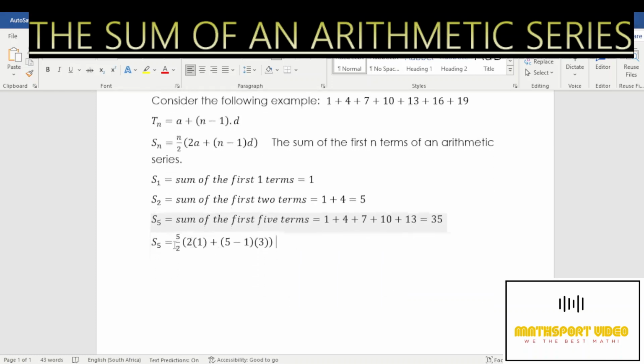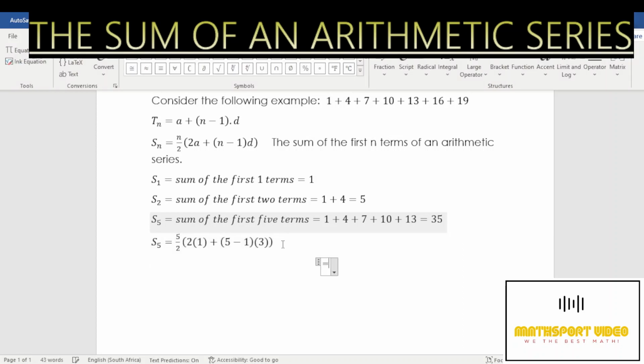Now, you can just go ahead and type this on your calculator and get an answer, but it's always more exciting to try to do this without a calculator. So over here we've got 5 over 2, and then in the brackets we have 2 times 1, so that's 2, plus 5 minus 1, which is 4, and that 4 is being multiplied by 3.